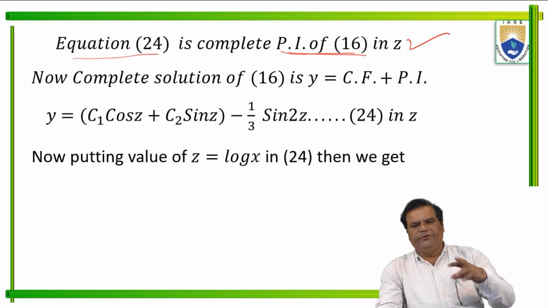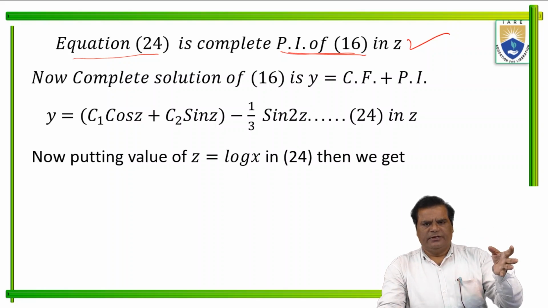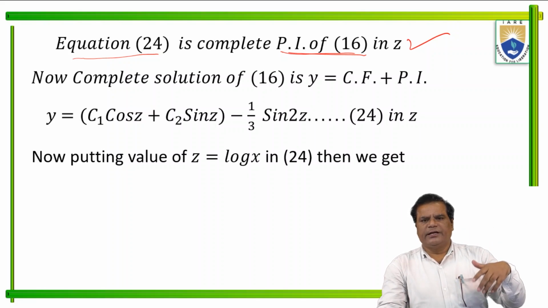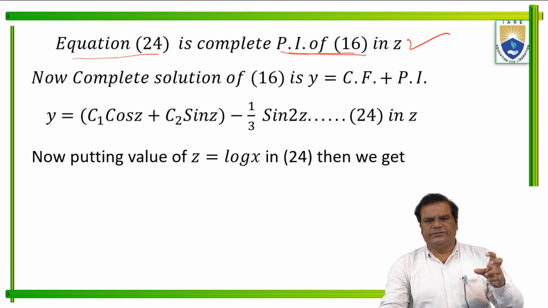Here we find both solutions in z, because the first question given in the question paper is in x. After converting it into constant coefficient form, we get equation 16, which is given in variables y and z, where z is the independent variable.